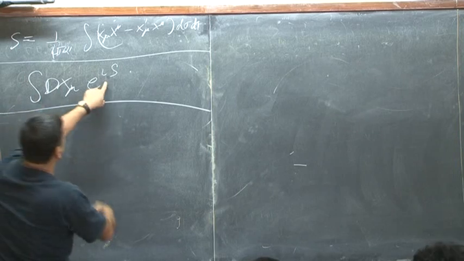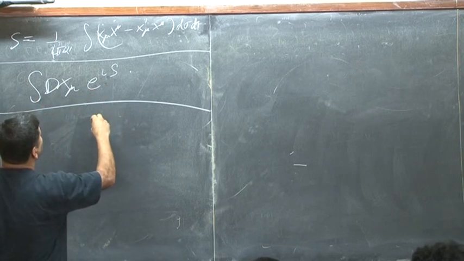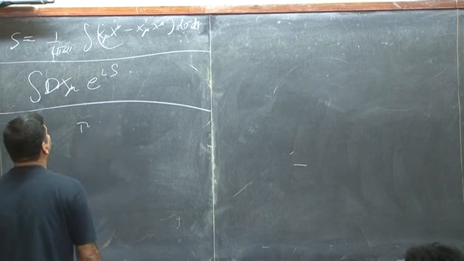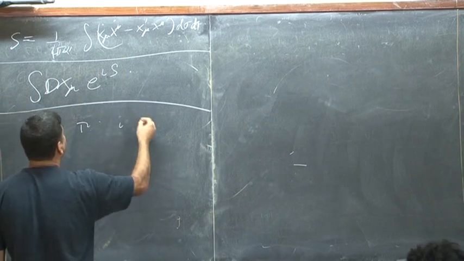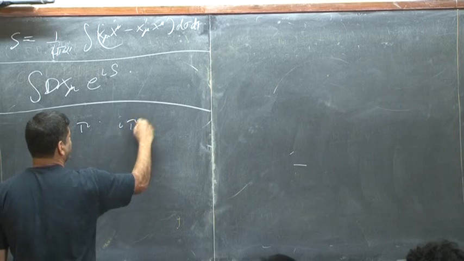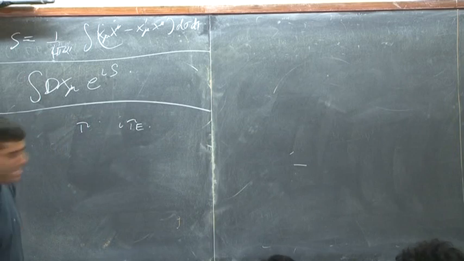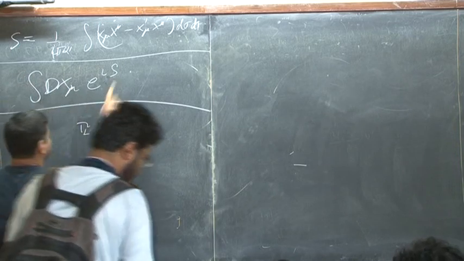The first thing we do is to take this tau and write it as i times tau Euclid. So let's call this tau Lorentzian.